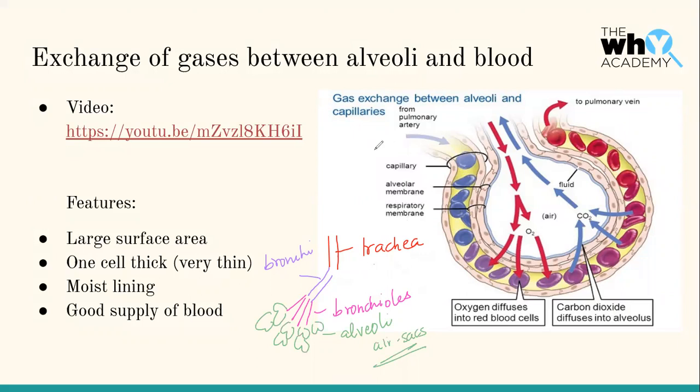Now if you come to this diagram on the right side, you will see that this is happening during inhalation. When you inhale air, you're taking in oxygen. That oxygen travels through all these parts and finds its way to the alveoli. Every alveolus has a complex network of capillaries around it.